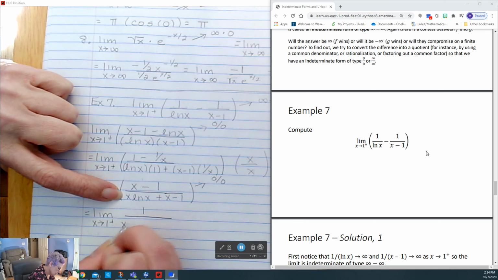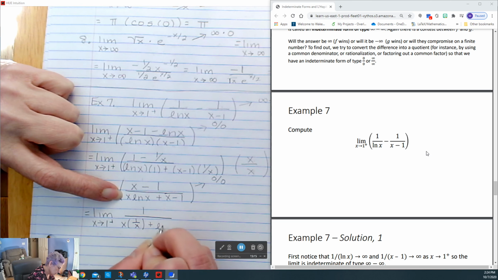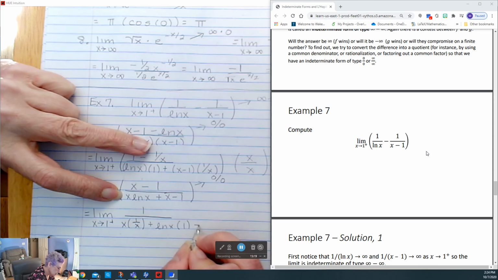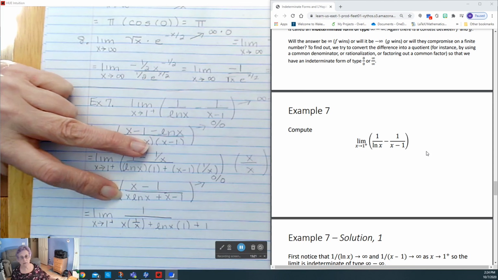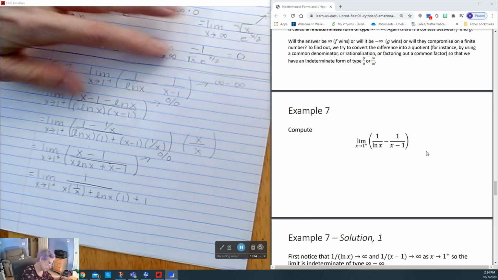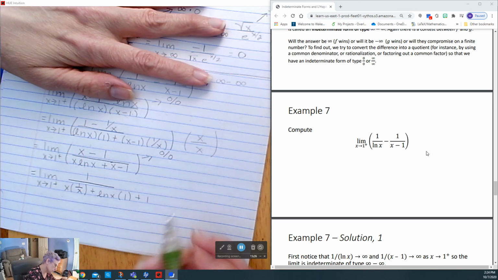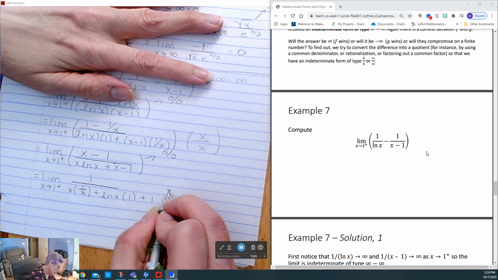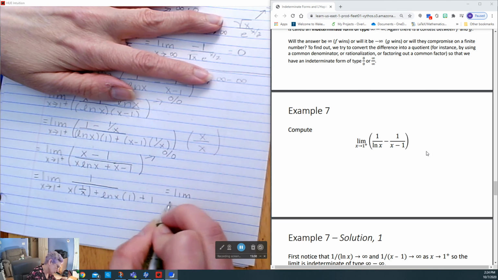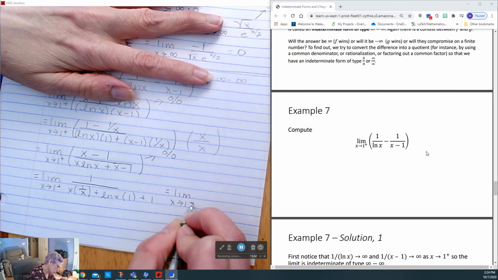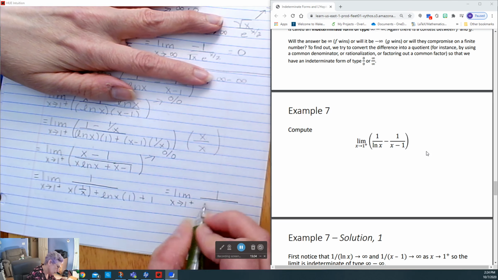First times the derivative of the second plus the second times the derivative of the first plus the derivative of x is 1. Well, x times 1 over x is 1. So this is the limit as x approaches 1 from the right. 1 on top.